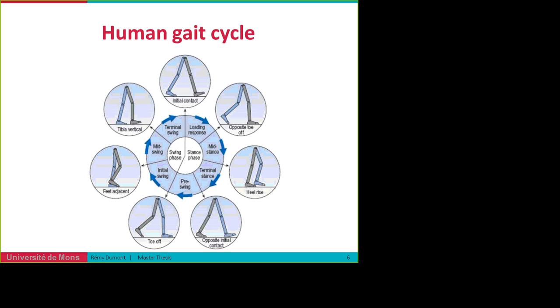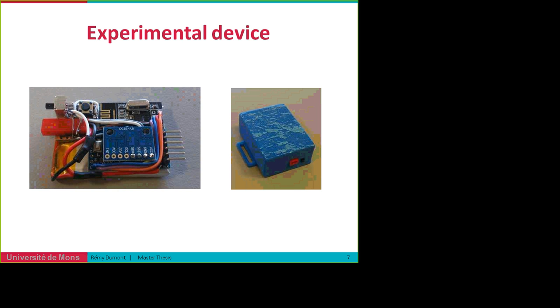One preliminary study of this work was to match these 8 subphases to the thigh angle shape. To compute the thigh angles, we used IMUs that were developed by another project member.